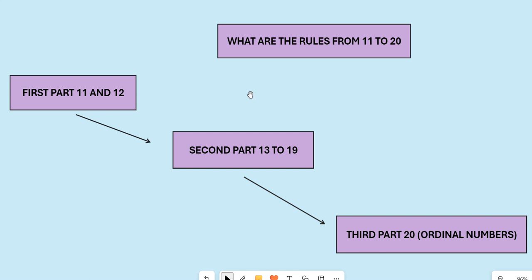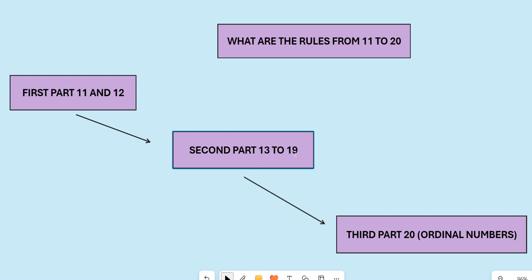But before that, let me tell you, I have divided the number rules into three parts. As you can see here on my whiteboard, the first part of the rules deals only with numbers 11 and 12. And the second part of the rules deals with the numbers 13 to 19 only.